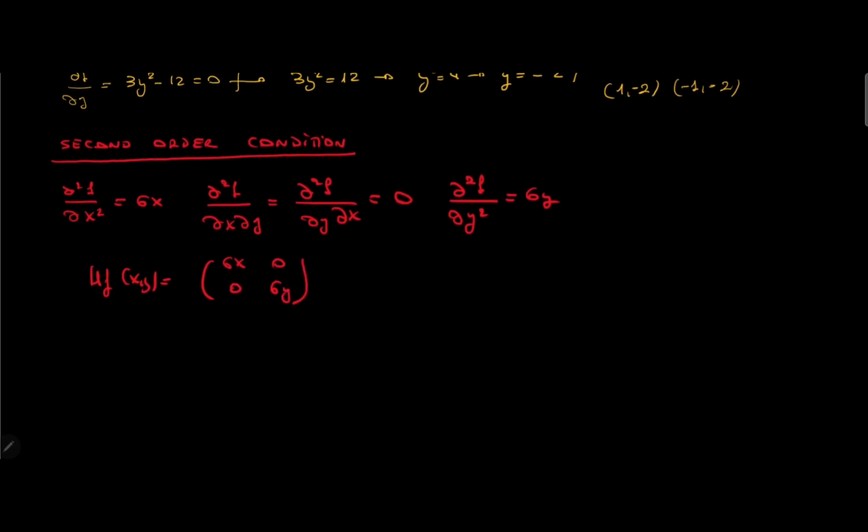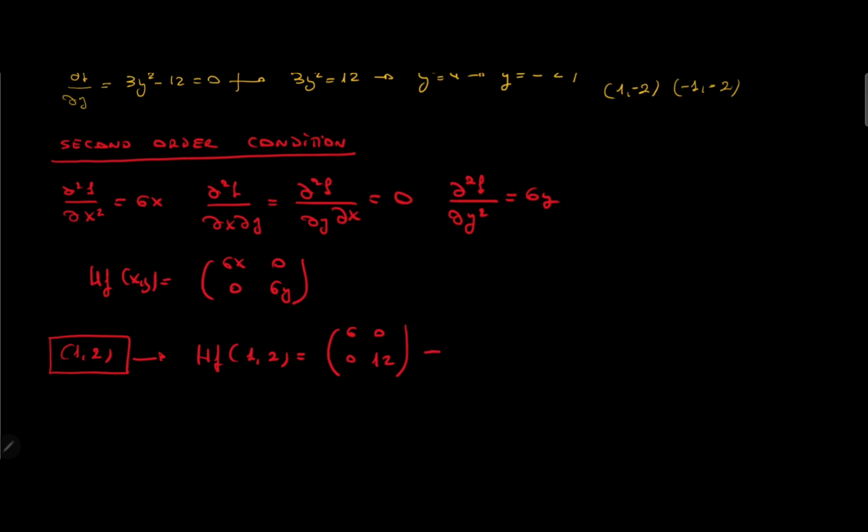And now I focus on each one of the critical points. I substitute the Hessian matrix at that particular point, and I get a numerical matrix. For the first critical point 1, 2, I get the matrix 6, 0, 0, 12. And then I check the conditions, either for being positive or negative.